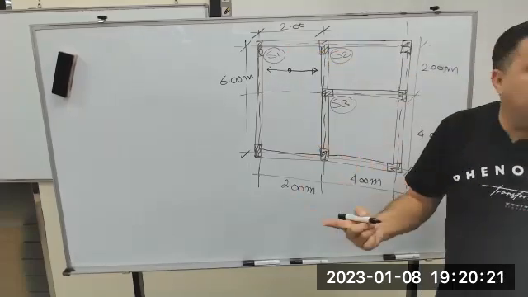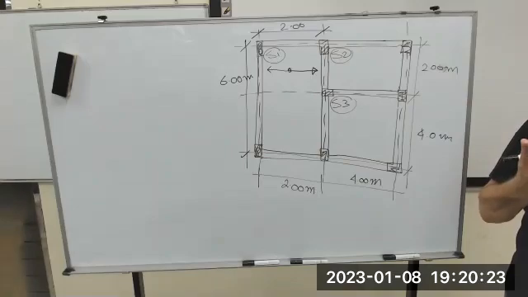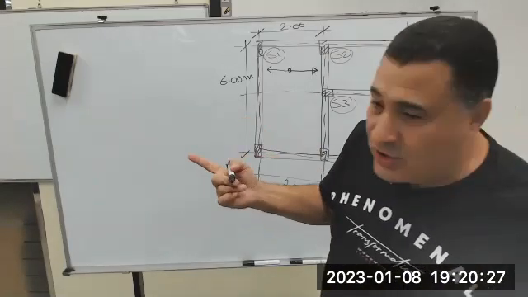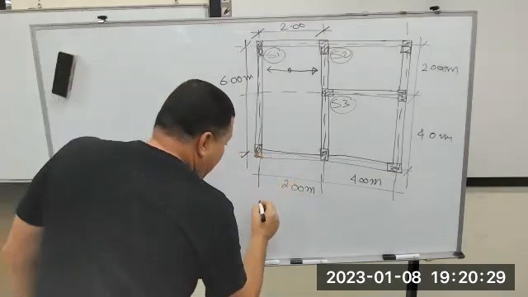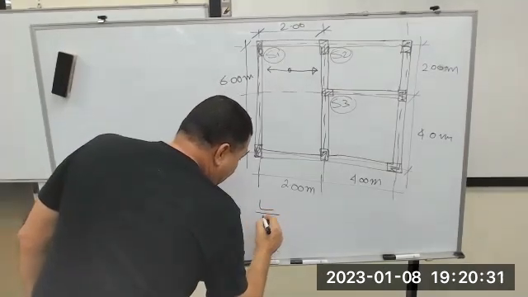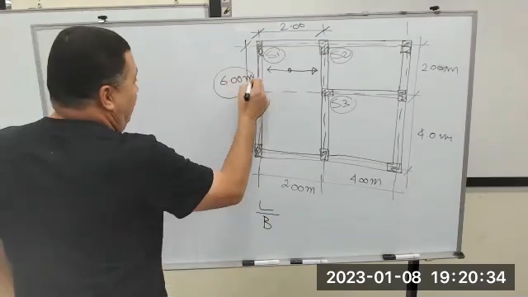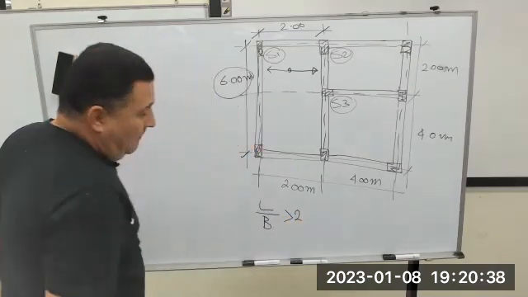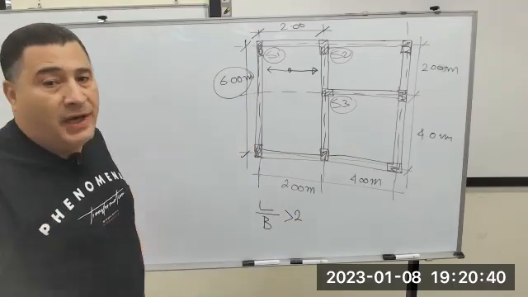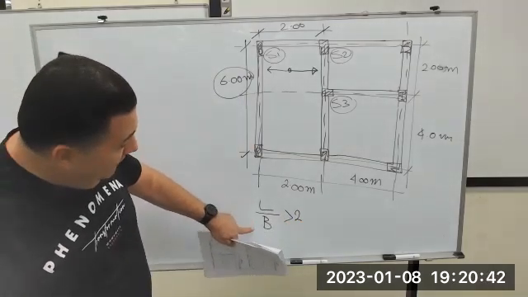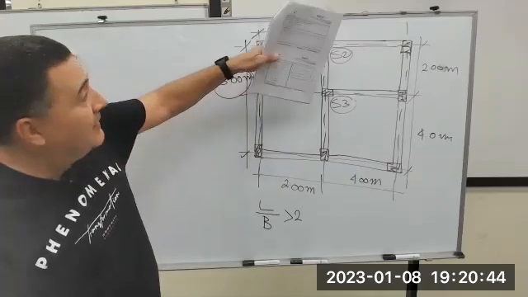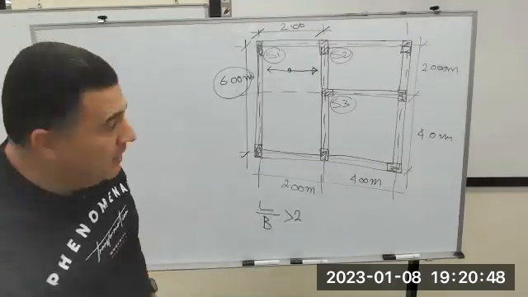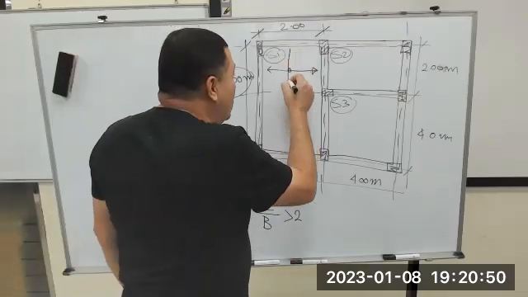Why in this case does it go in the short direction? Because listen, L over LB: L is 6 meters over LB is 2, which is equal to 3, more than 2. This is the criteria. Yes, the loads will go in this direction.